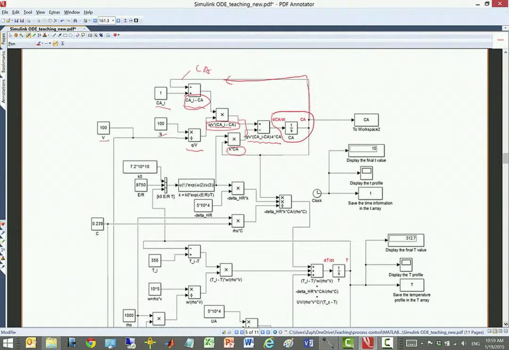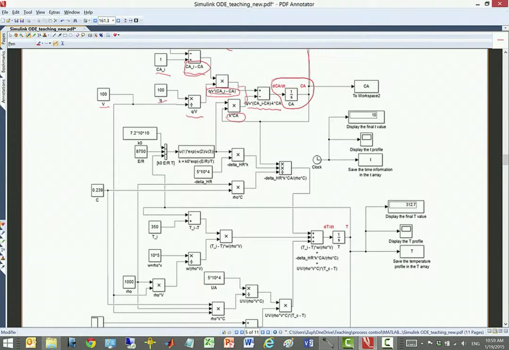By this way, we could get CA. To calculate K times CA, we need to calculate K, and this is the module where we put the function we use to calculate K. You can see there are three elements here: U1, U2, and U3.